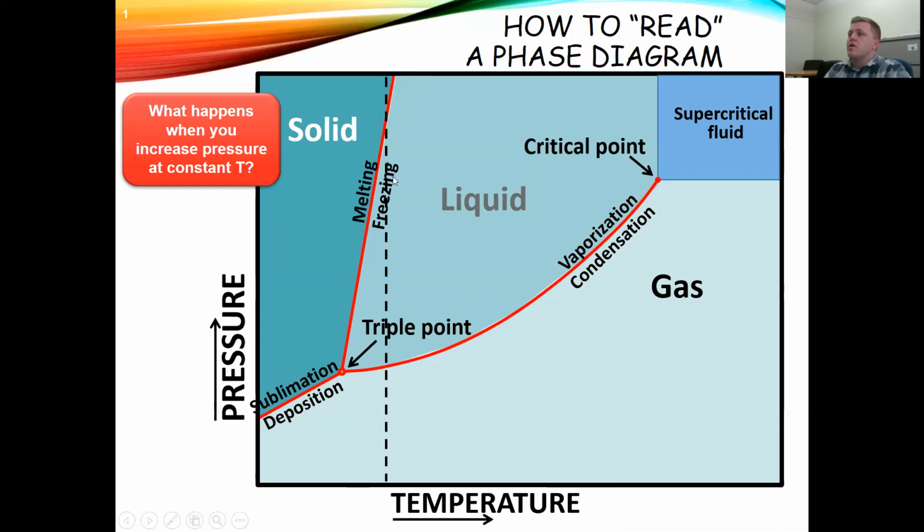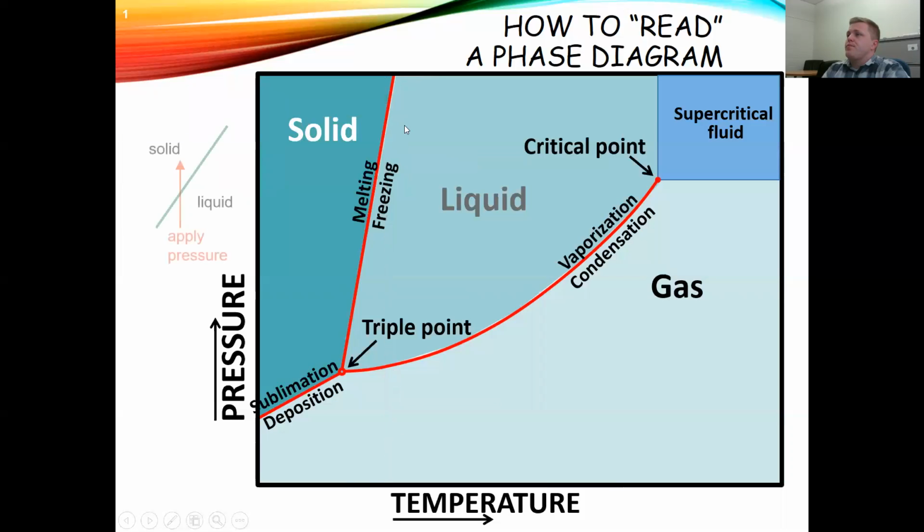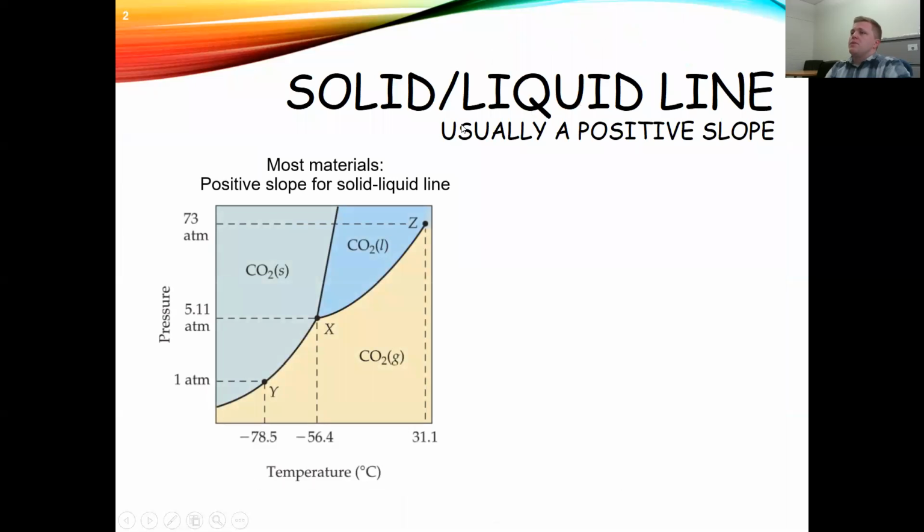Now, this is true for most chemicals: if you increase the pressure far enough, you'll get your substance to become a solid. For most species, the solid is more dense than the liquid. However, for some species like water, that's not true.